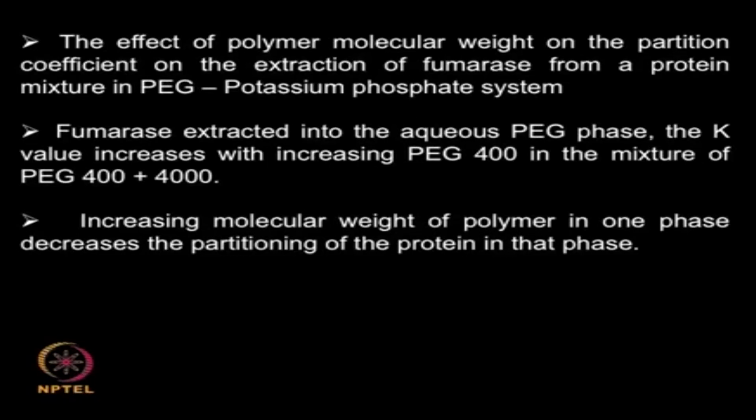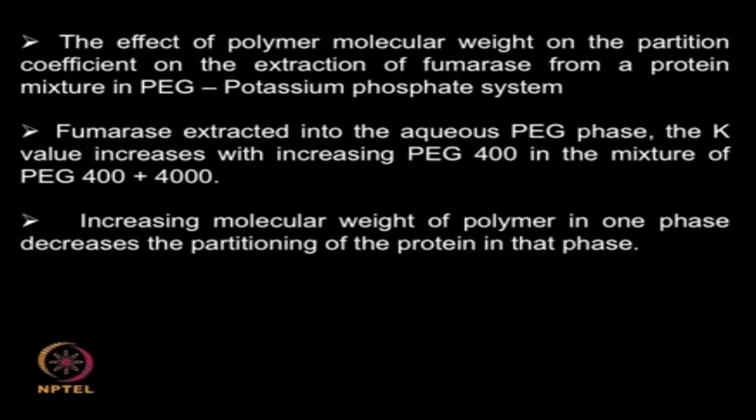The type of polymer which you use, as well as the molecular weight of the polymer, will have a very strong effect on the extraction efficiency. This particular example tells you the molecular weight of PEG is affecting the extraction very dramatically. For example, you are trying to extract fumarase from a protein mixture using a PEG potassium phosphate system. Potassium phosphate is your buffer, PEG is the biopolymer which you are using.